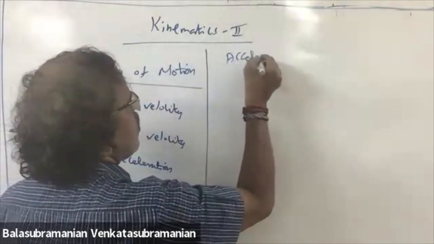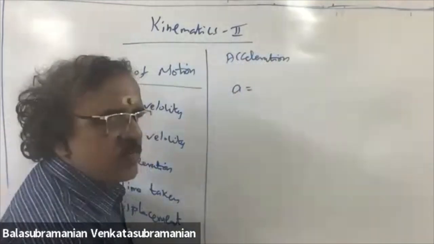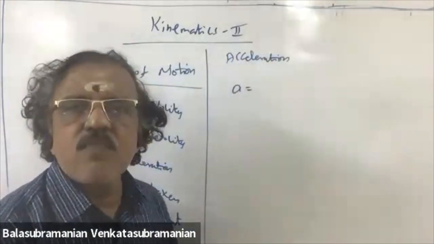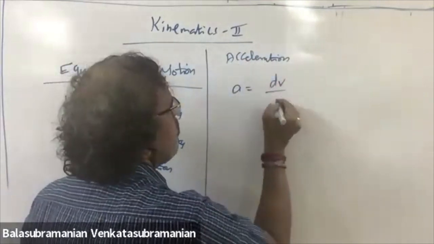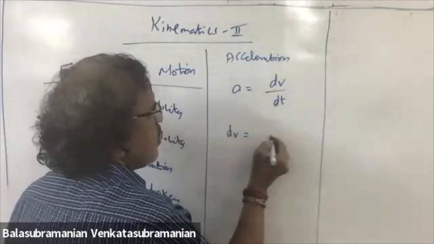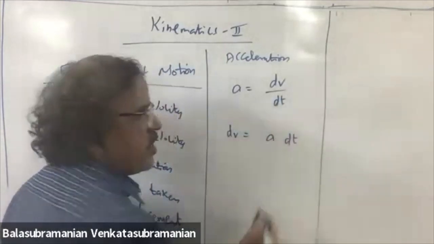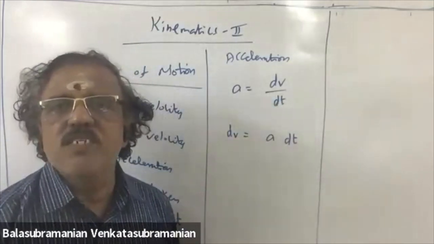Acceleration. What is acceleration? Basic definition. It is the rate of change of velocity, dv by dt. dv is equal to a into dt. You integrate the equation on both sides.